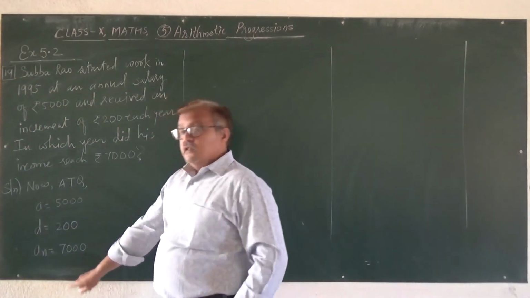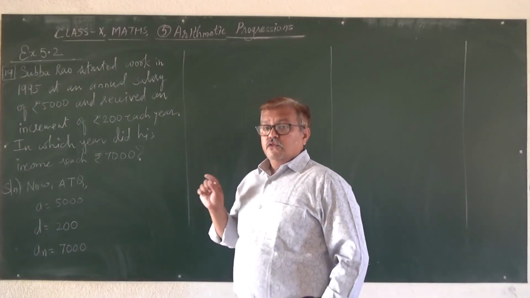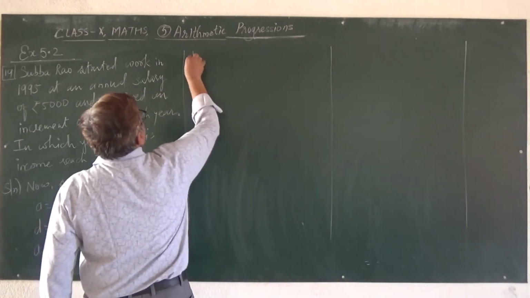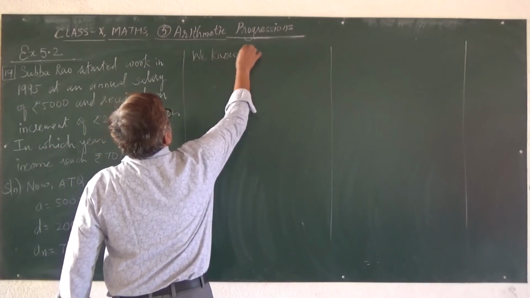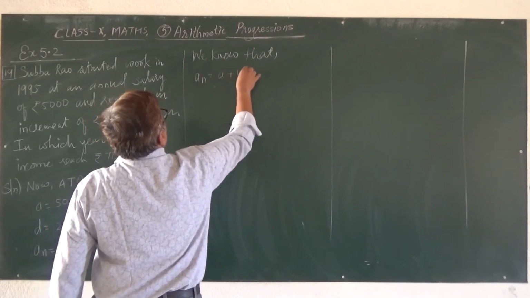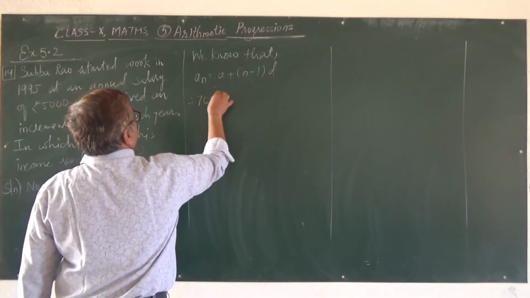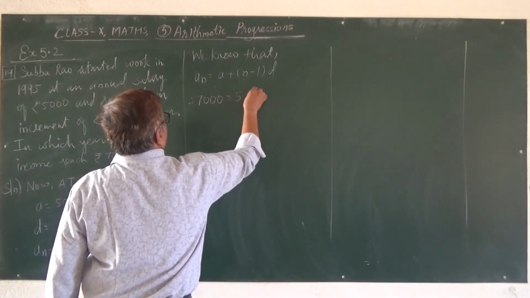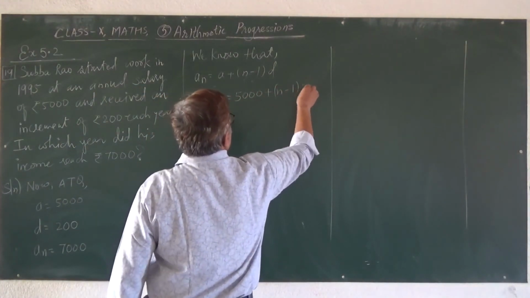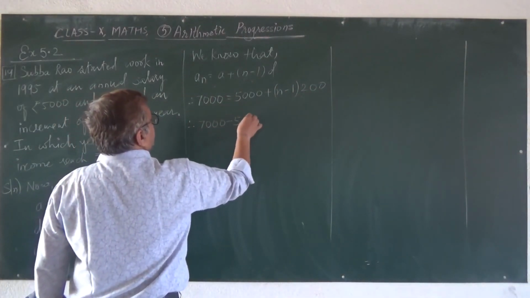You have to calculate which n gives the term 7,000.